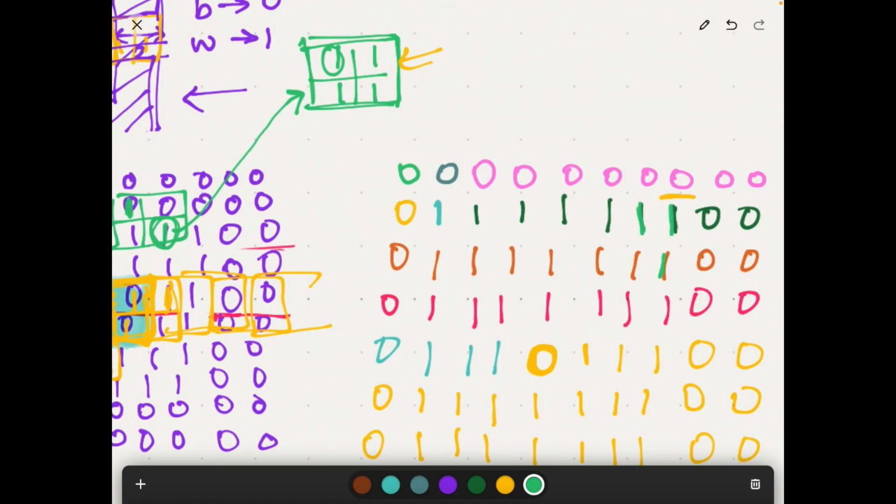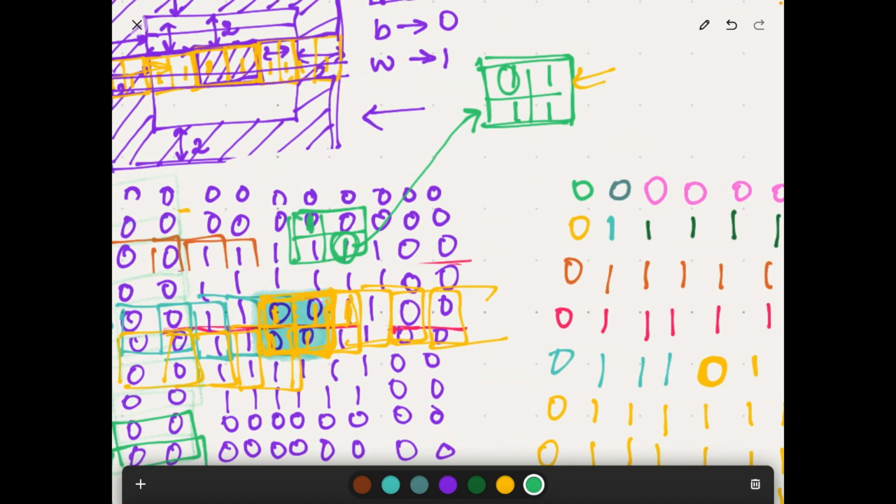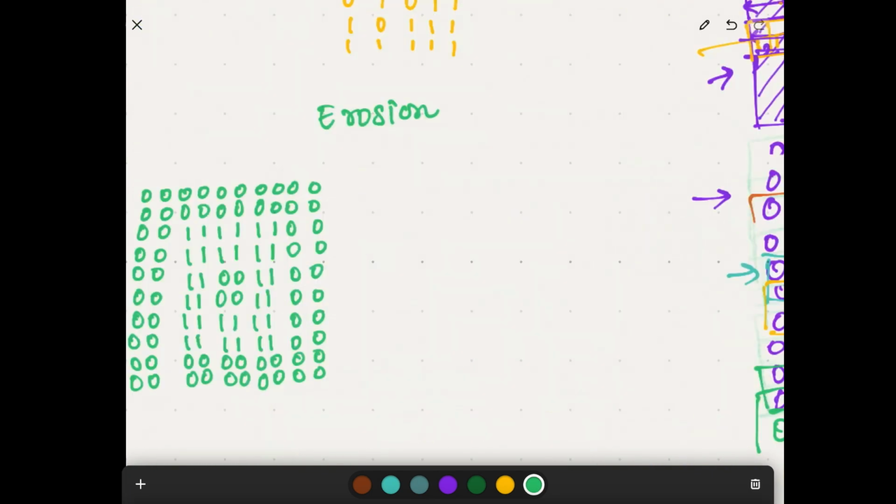So from this entire window, where we had zeros as well as 1, I was taking 1, which happens to be the maximum element from the entire window. In erosion, we are going to do the exact opposite.